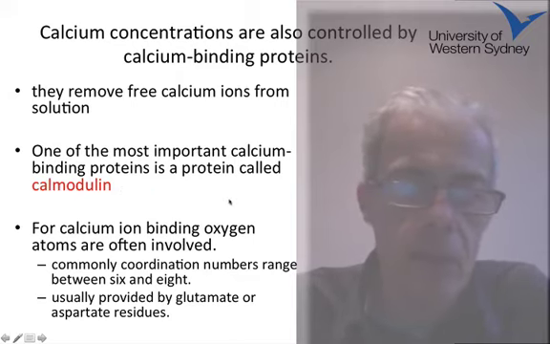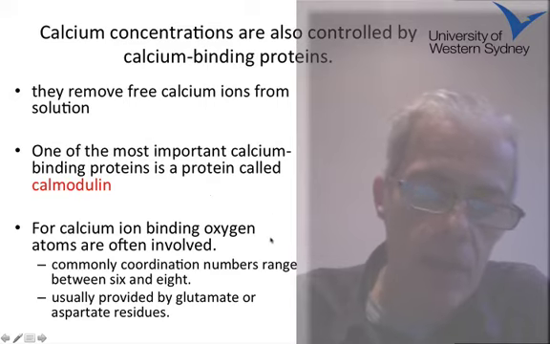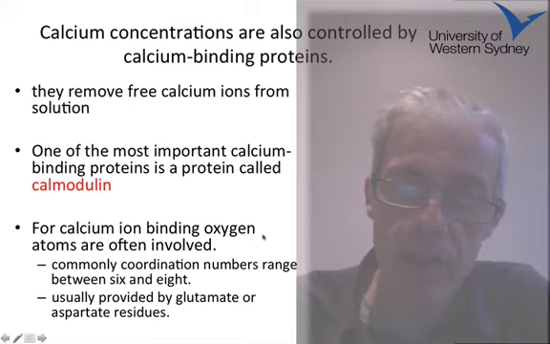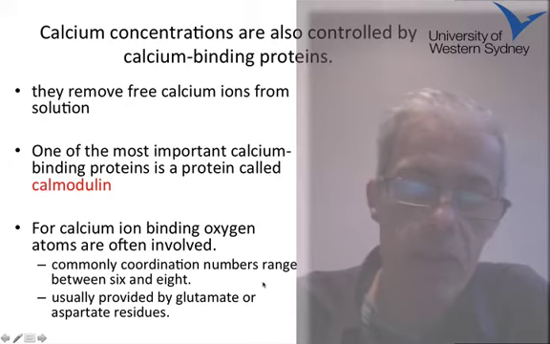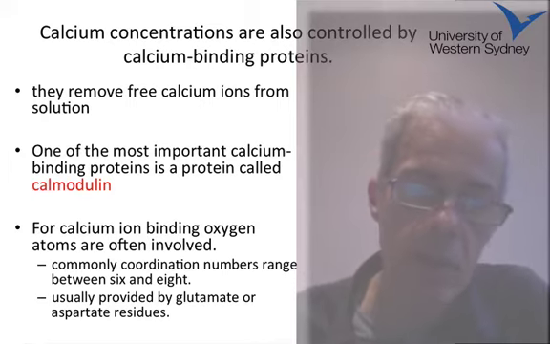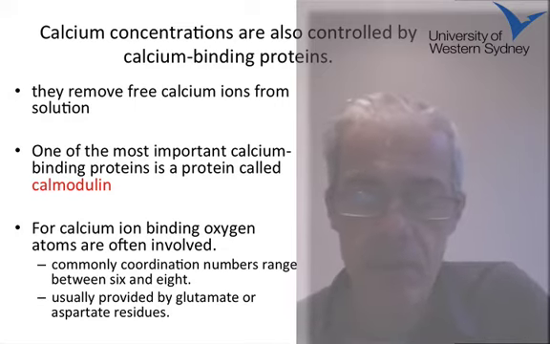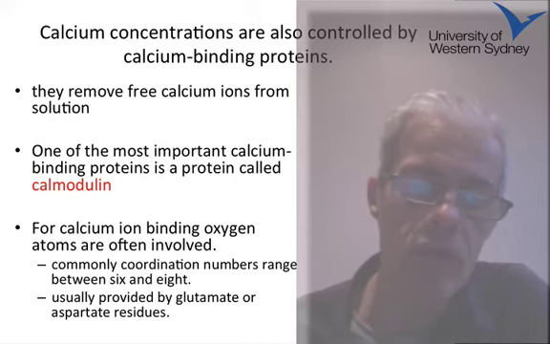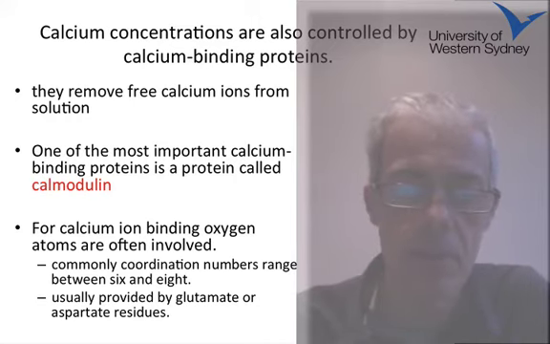Now, for a protein to bind calcium, it involves oxygen atoms in the amino acid residues. So typically, glutamate or aspartate residues accumulate within the protein, like the protein might have between 6 and 8 of these amino acid residues in one area, and that can be a region where calcium ions bind.